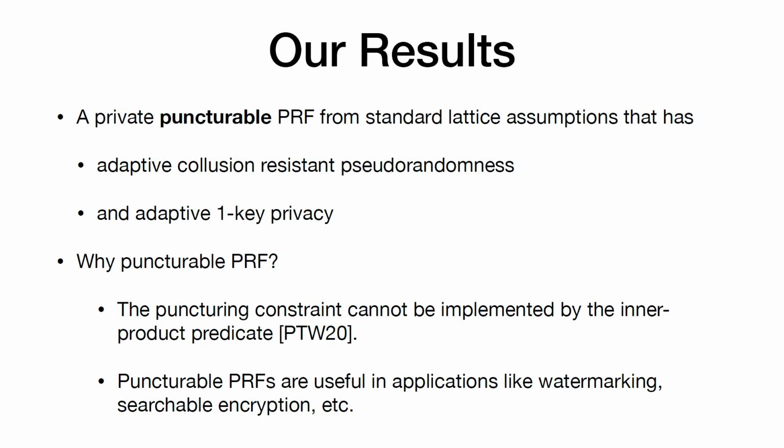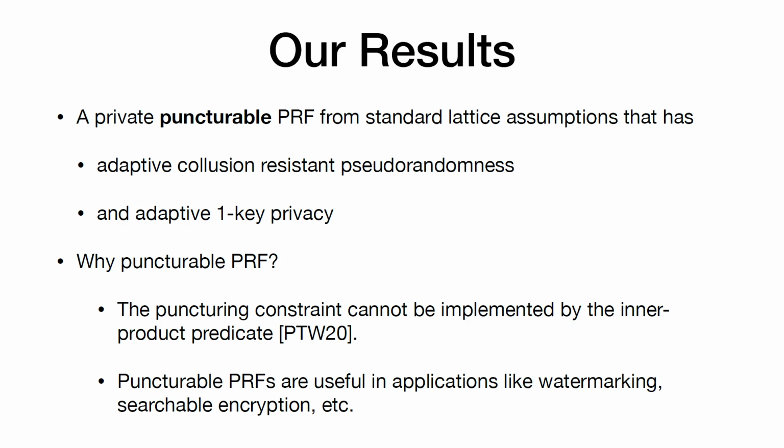So we need some new ideas to construct a puncture PRF with stronger security properties, and these new ideas may be useful to help us construct constrained PRFs for general predicates with stronger security properties. The second reason is that puncture PRF itself is already useful in some applications, such as watermarking.